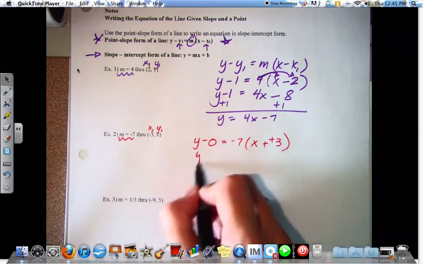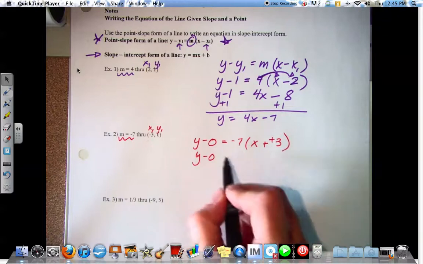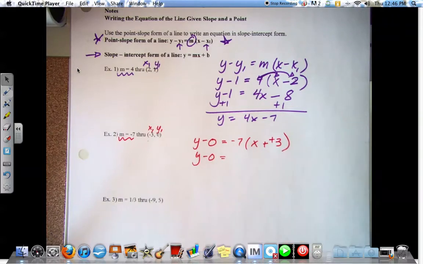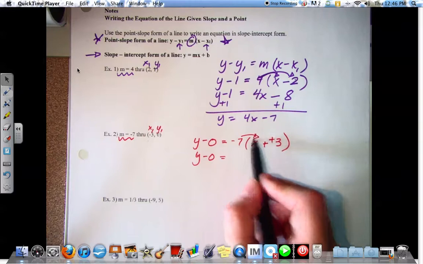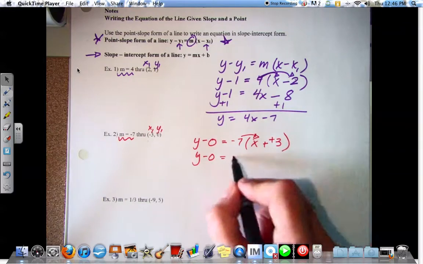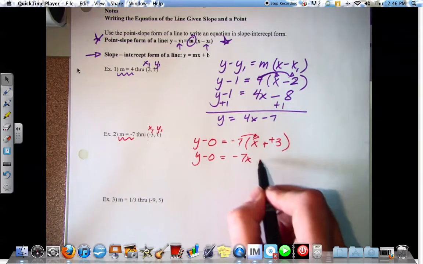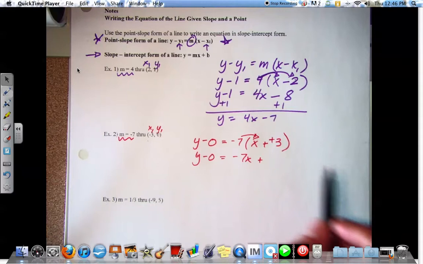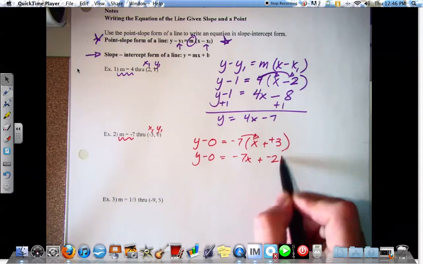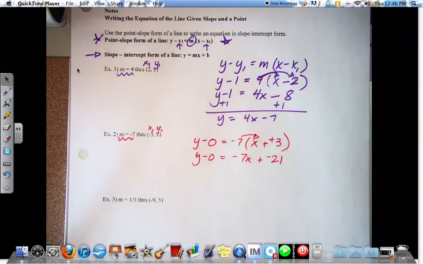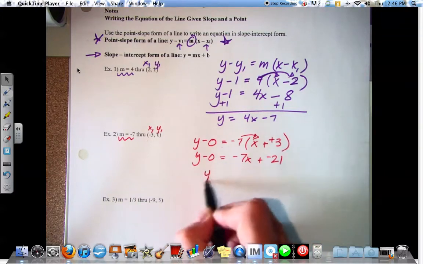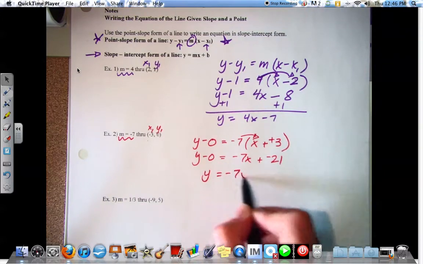Bring down y minus 0 and the equal sign. We have to distribute the -7. -7x. Bring down the plus sign. Plus 21. And we have a y minus 0, we can get rid of that 0, so it's simply y equals negative 7x.